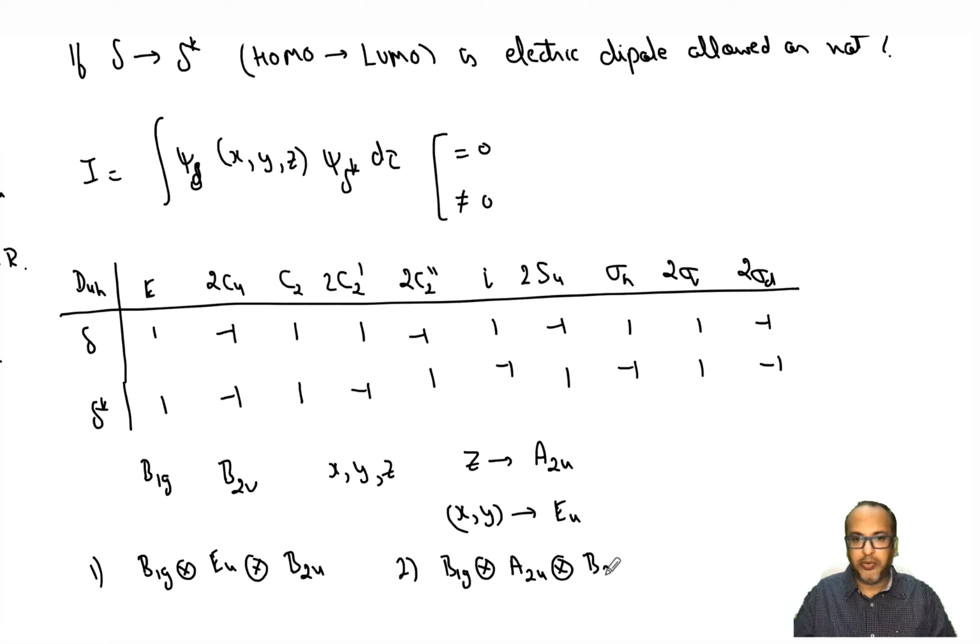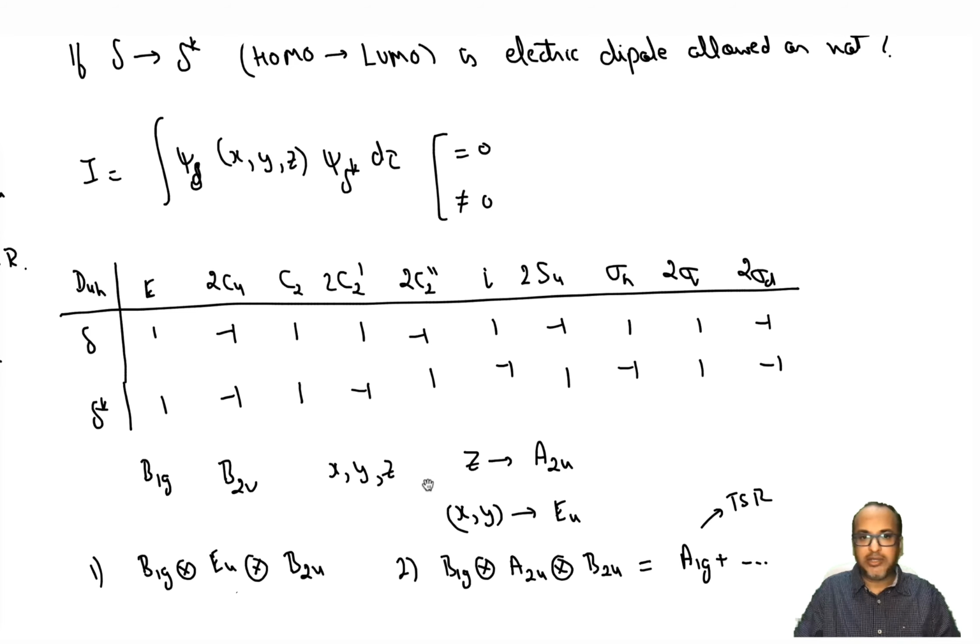As it turns out, if you do this calculation, all you have to do is multiply the corresponding characters and traces and find out what the irreducible representation is, whether it contains a totally symmetric representation or not. As a matter of fact, this one contains A1g plus something else it may contain, but one of the representations is the totally symmetric representation, right?